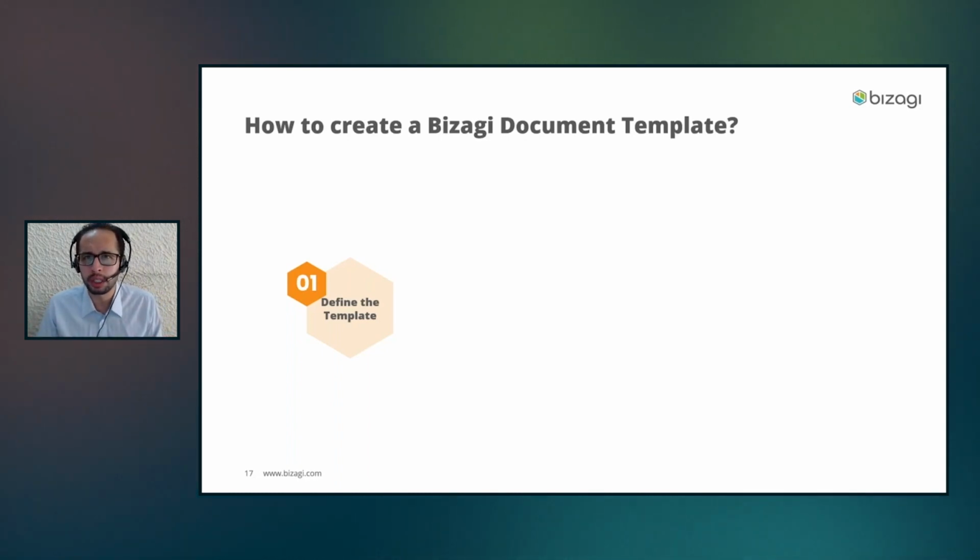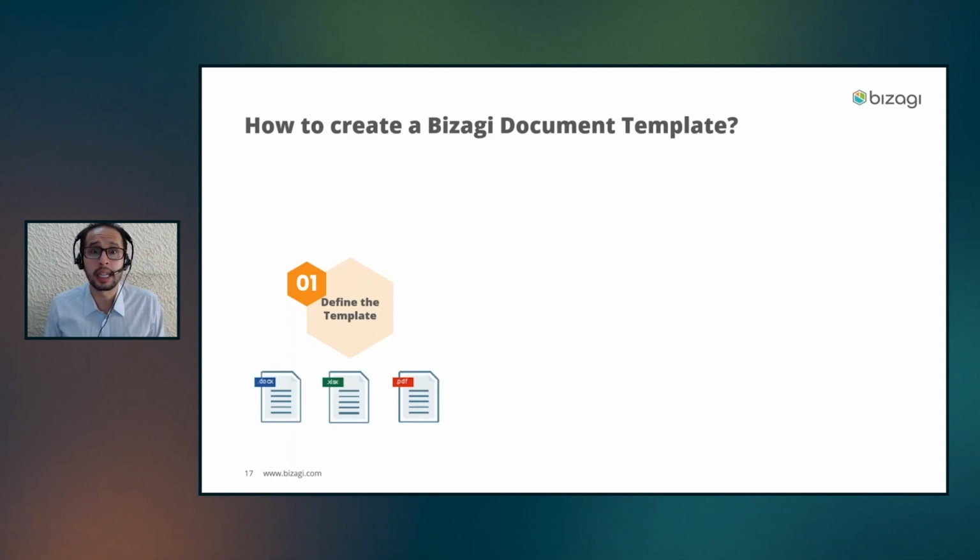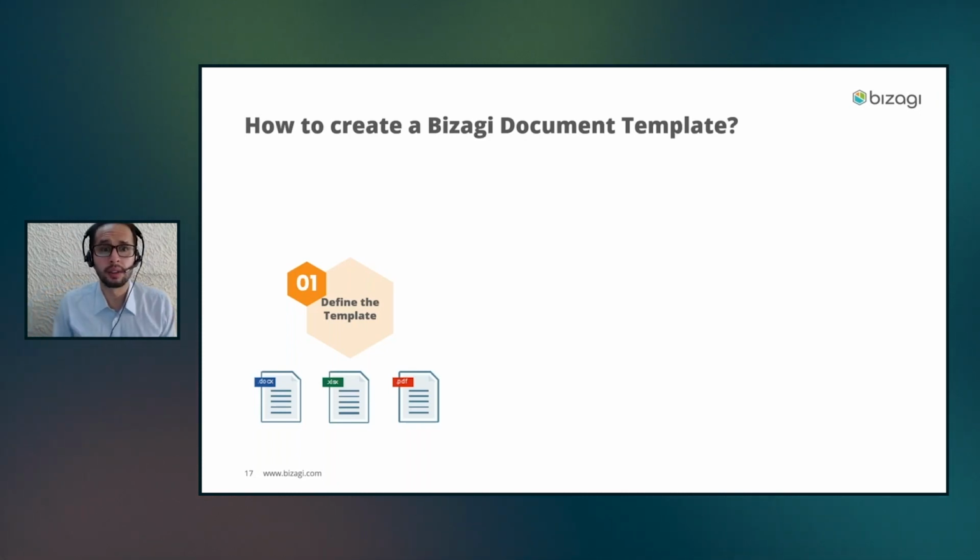What do you want to generate? What information do you want to add? What values do you want to include? Which design do you want to add? So the first step is always to define your template. And the template in Bizagi can be defined in Word documents, Excel documents, PDFs, or even simple plain text. It doesn't matter what your needs are, you can create any template.